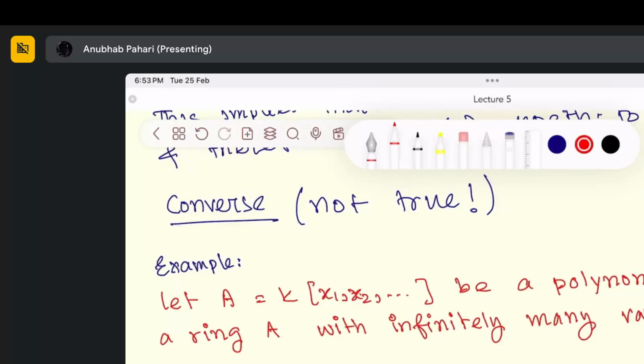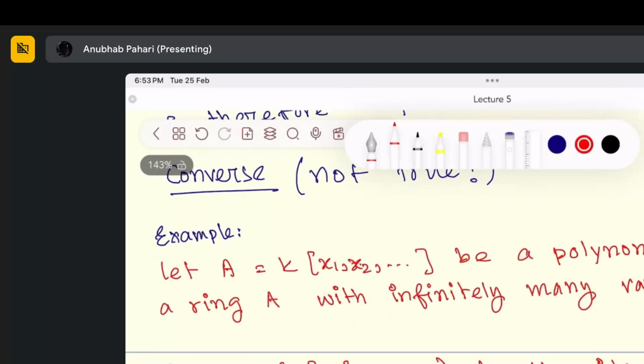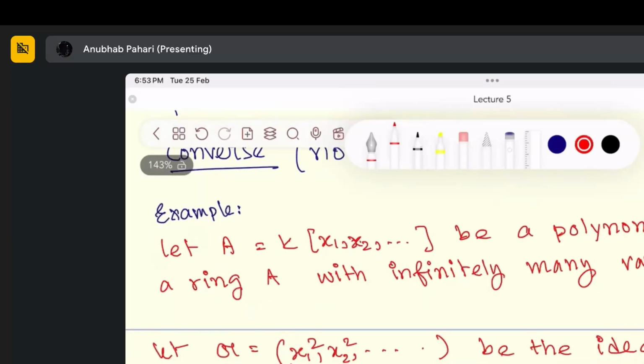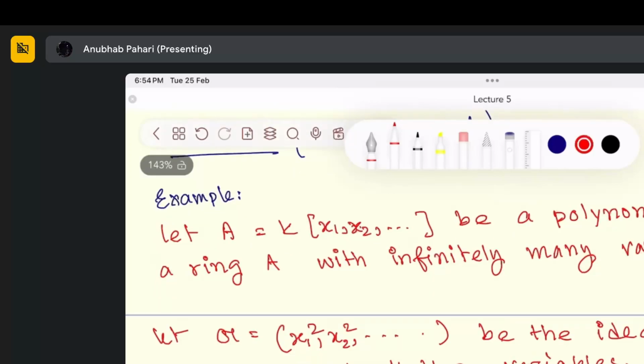Because A is not, and if you see the elements we are leaving, that is x1, x2, x3 up to infinite terms, this is telling us that this is an infinitely generated module, so it is not Noetherian.